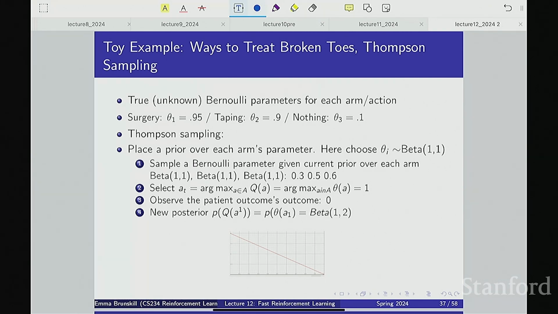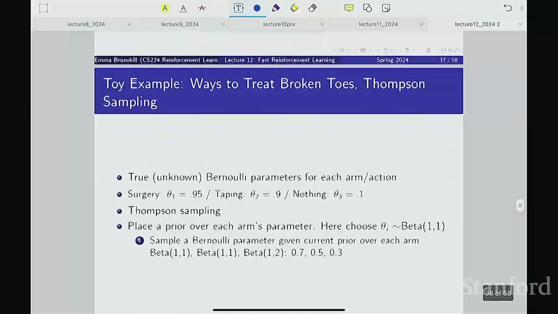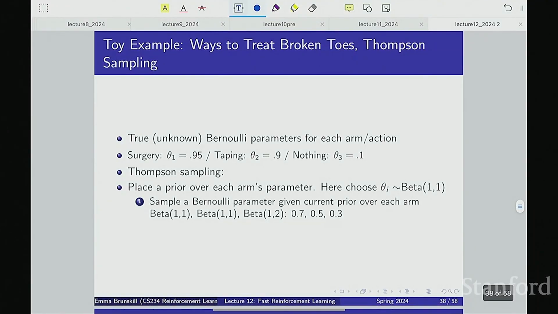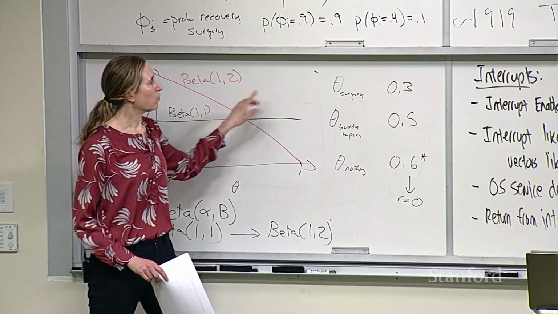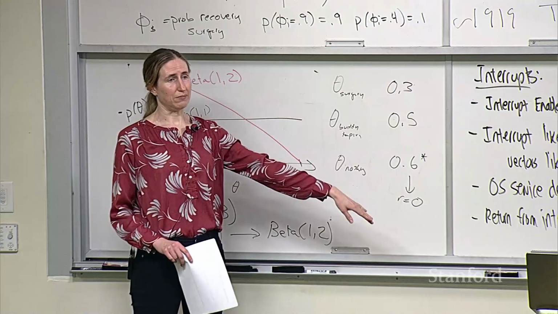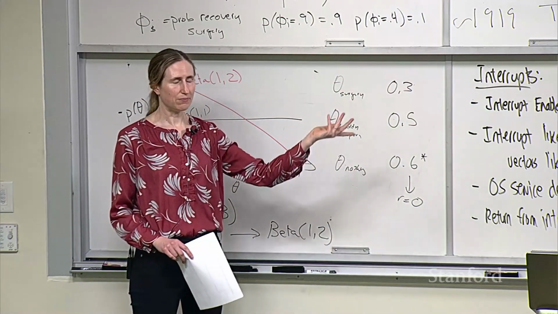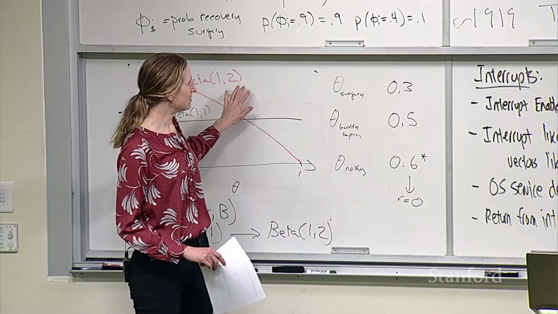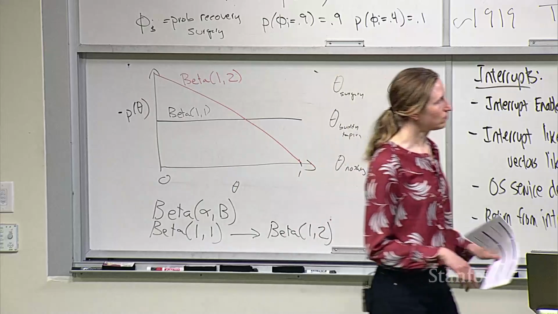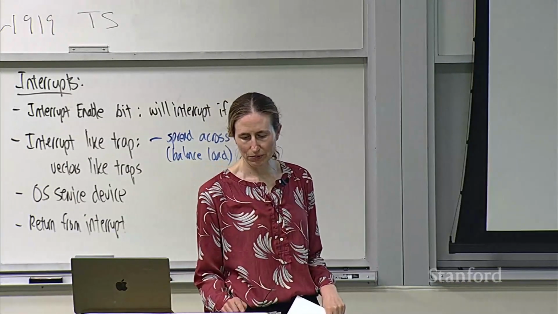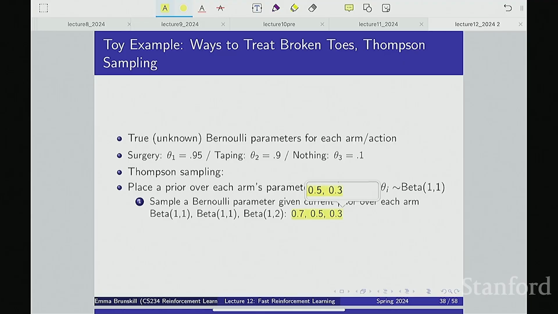We now have to resample, where we have two distributions that are a beta 1, 1, and this one is a beta 1, 2. We're going to throw away all of our old parameters from last time. They were just samples. We now have an updated distribution for one of the arms, and the old one for the other two. So in this case, we might resample and we would get this.